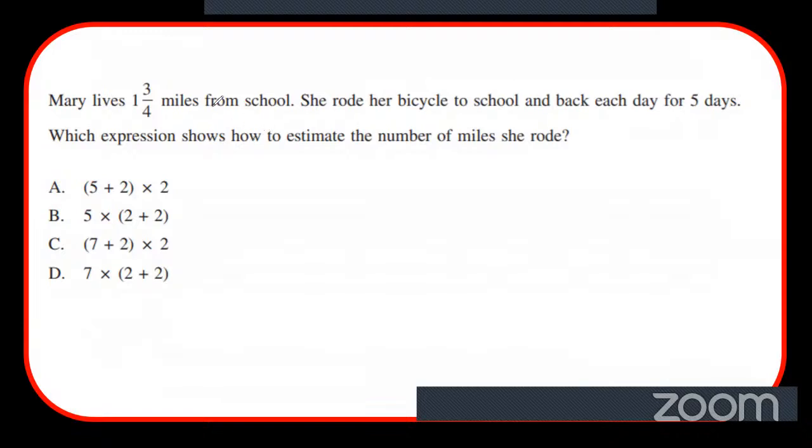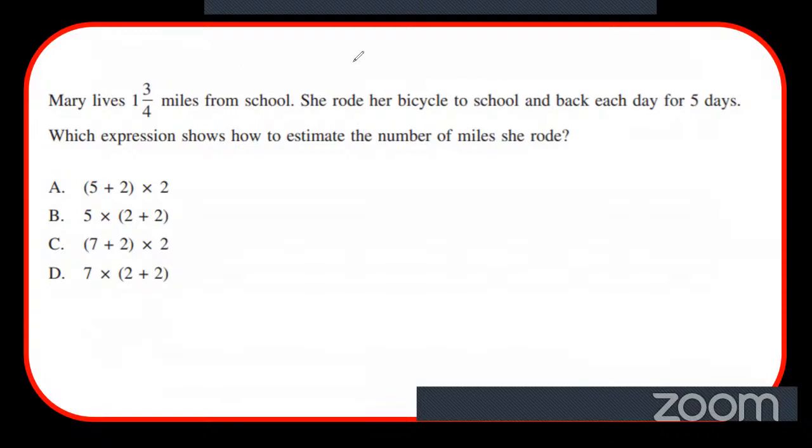So that means we're going to multiply 2 miles by 2, or we can just add 2 miles plus 2, and that is for one day, and then we multiply that by 5, which is for 5 days.